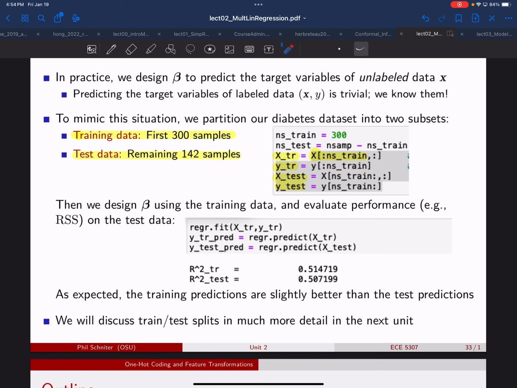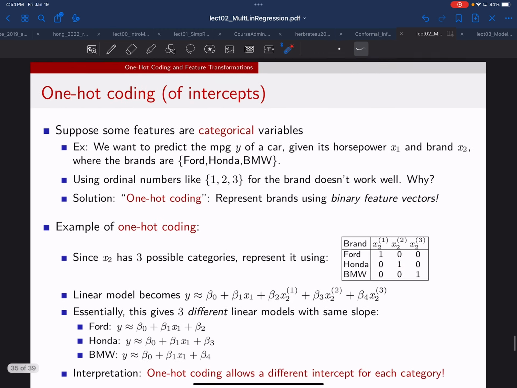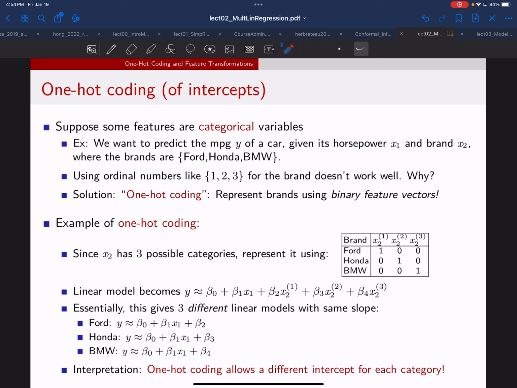Okay, good. And then there's one more subject I want to talk about today, which is very useful in moving beyond feature data that is purely numeric in the way we've been handling it until now.